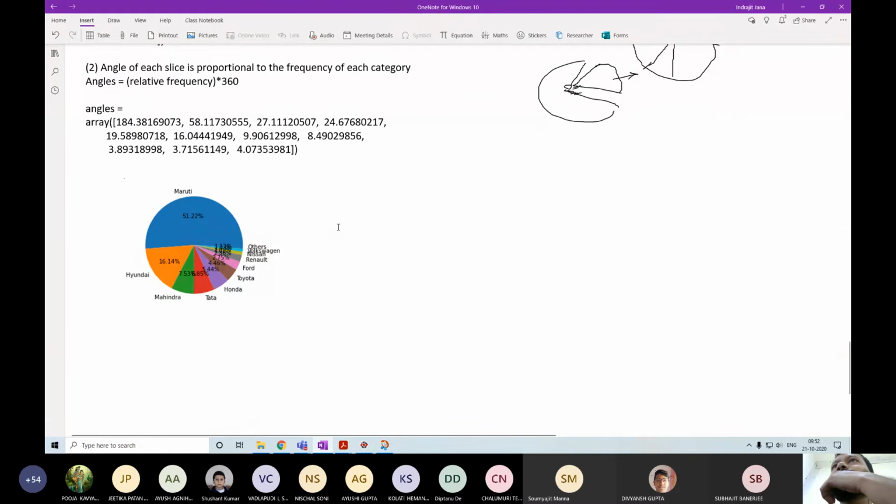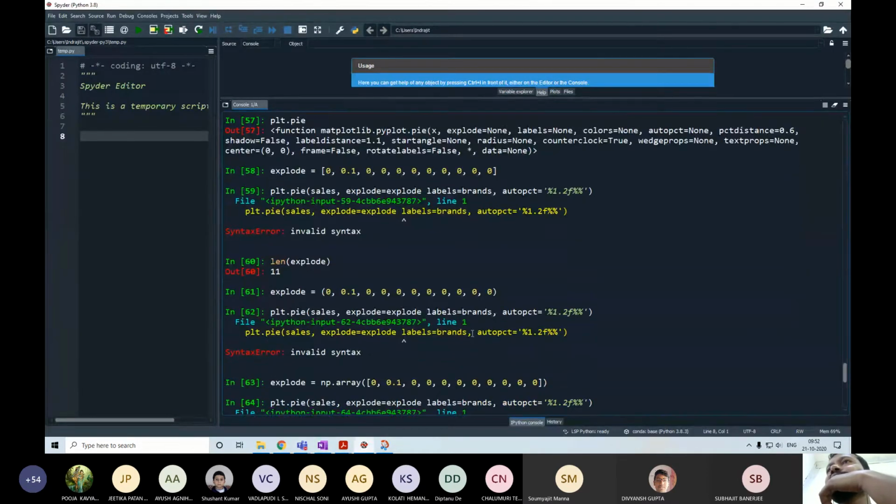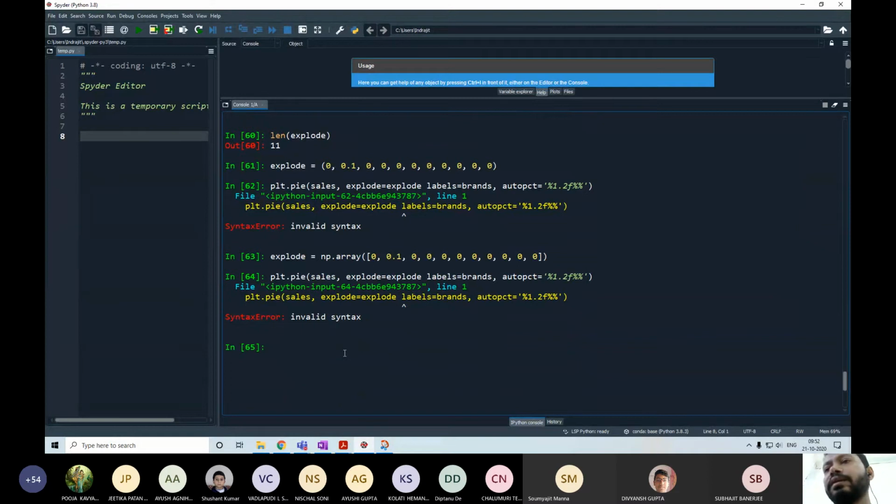All right. And also, I would like to tell a few more things. In the last lecture and this lecture, I have been using the library matplotlib.pyplot for plotting things, for basic plotting actually.